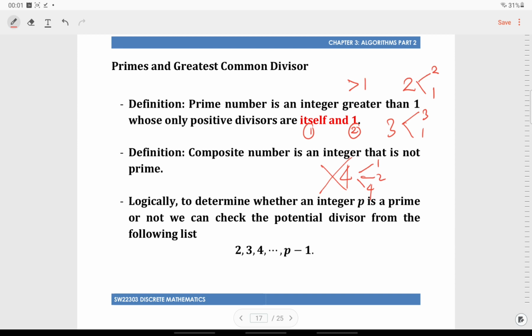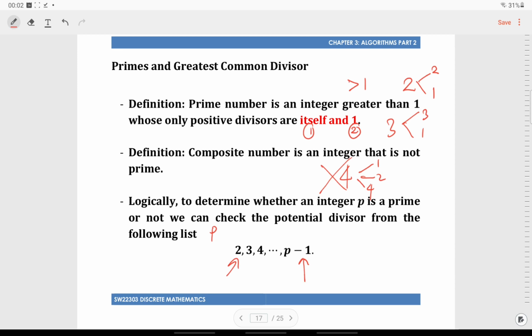So logically, to determine whether an integer p is prime or not, we can check the potential divisors from the following list. We start from the number 2 up to p minus 1, and we check whether there is any positive divisor other than 1 and itself. If there is no other divisor, then that number is a prime number.